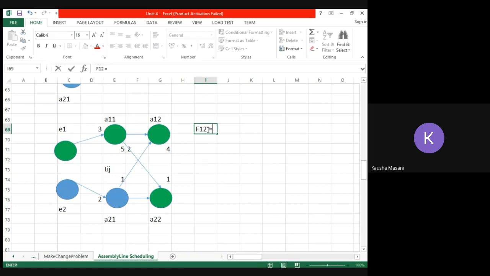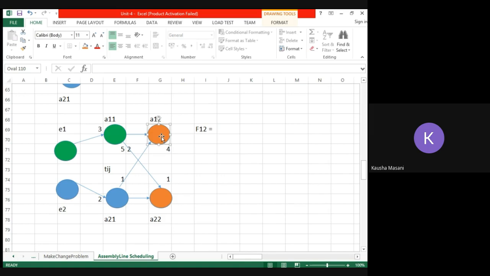So what will it be? In both these cases, A12 and A22, we can come from the other line, or we can maintain the same line. Suppose I'm talking about A12.